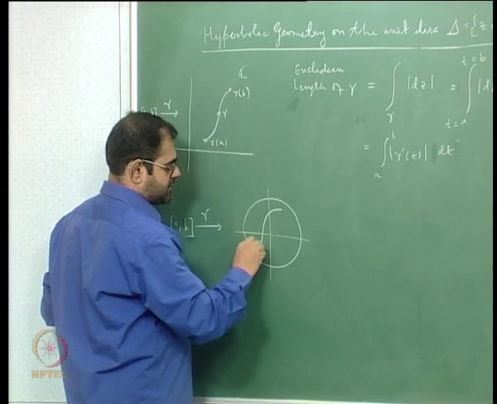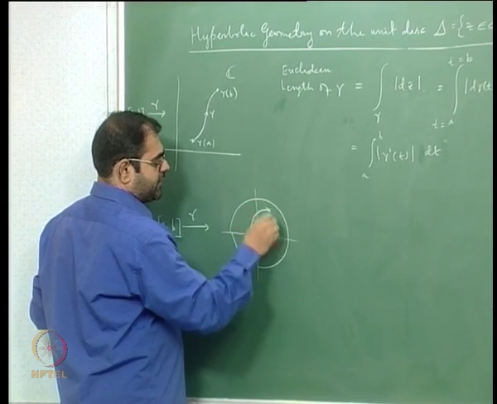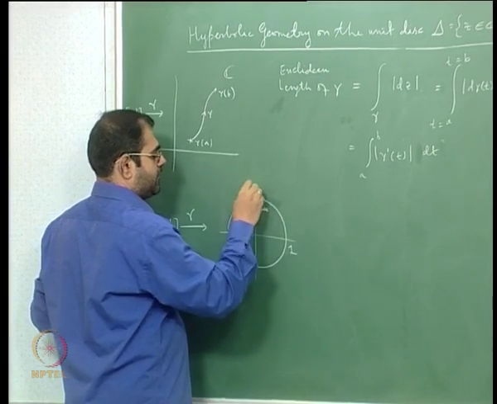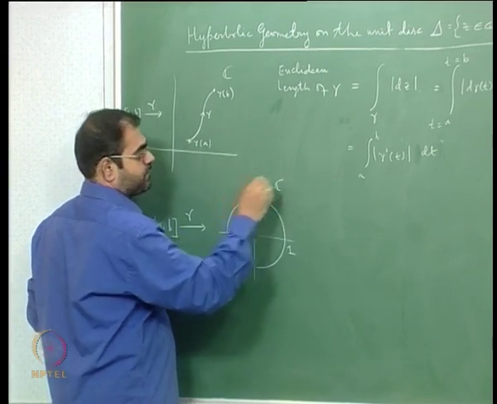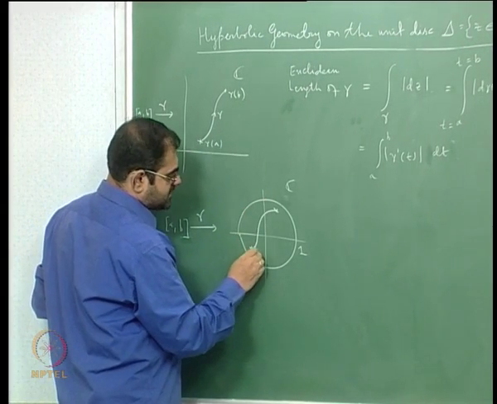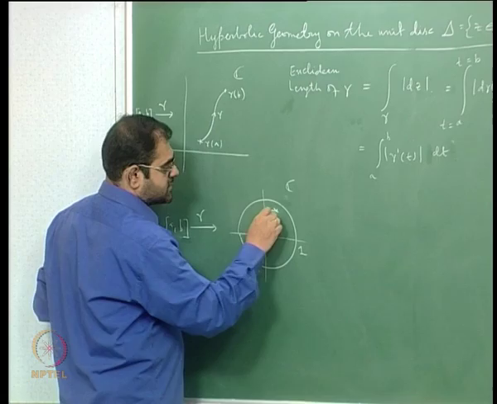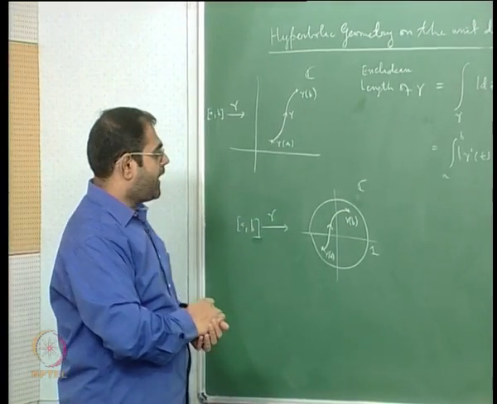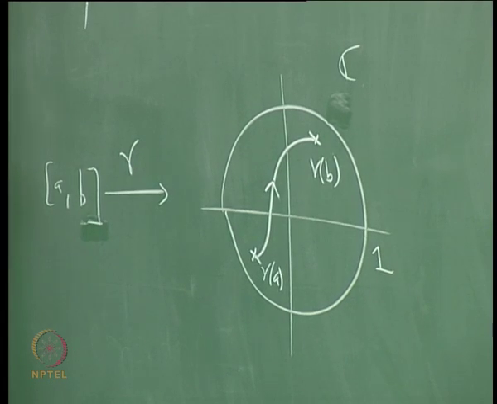So this is the unit disk delta, and this is the complex plane again. This is gamma of A, this is gamma of B, and this is my path gamma. And what I am going to do is something new.